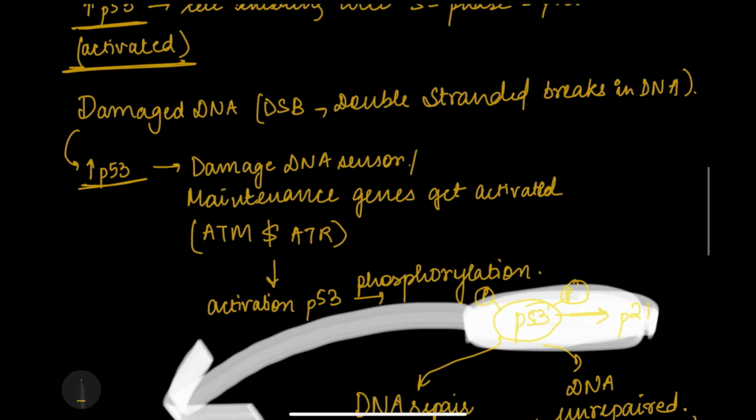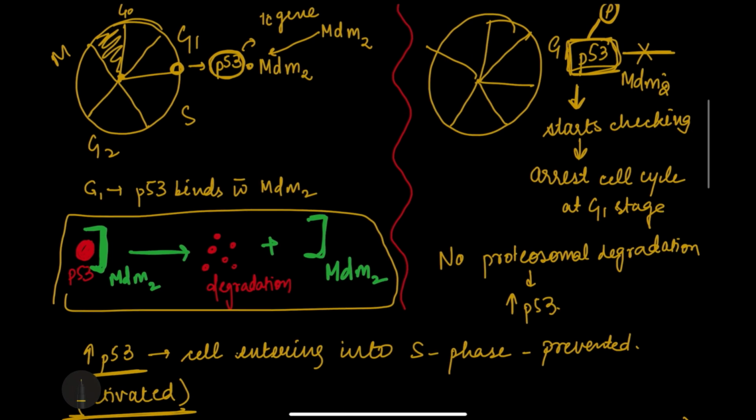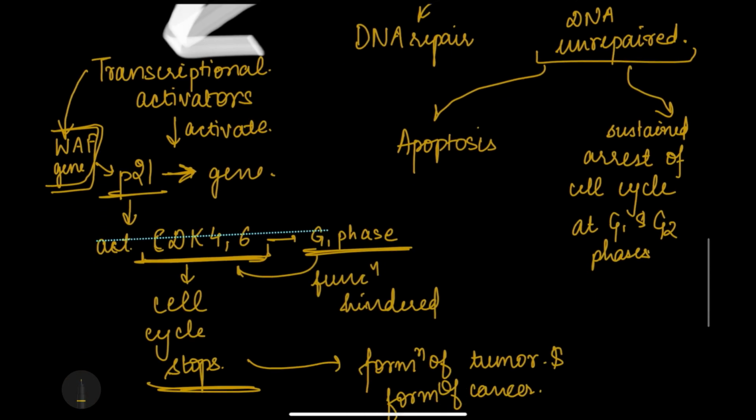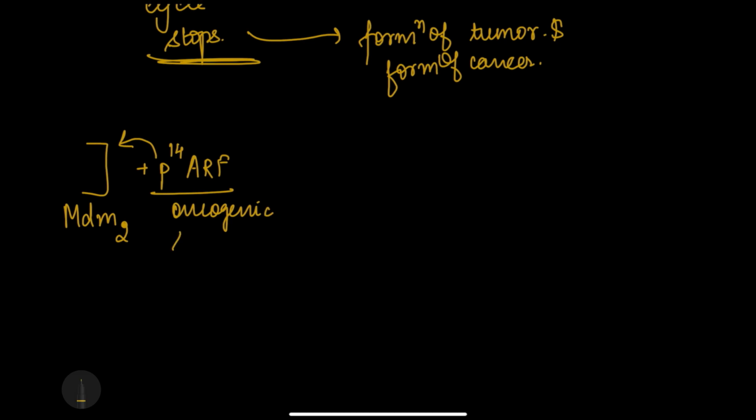Right? Okay, here I have told you that MDM2 gets separated in normal condition, right? One more thing here is, if MDM2 is free, p14 ARF can also get bound to it, which is an oncogenic signal. This also leads to an increase in p53, or you can say formation of a pool of p53 protein, right?